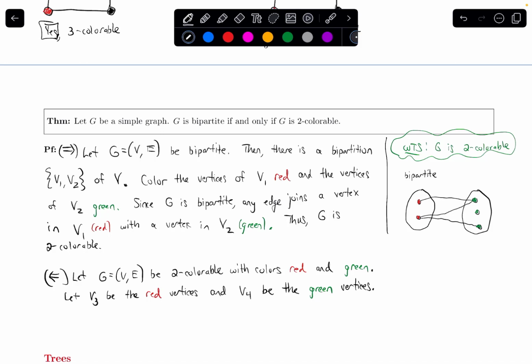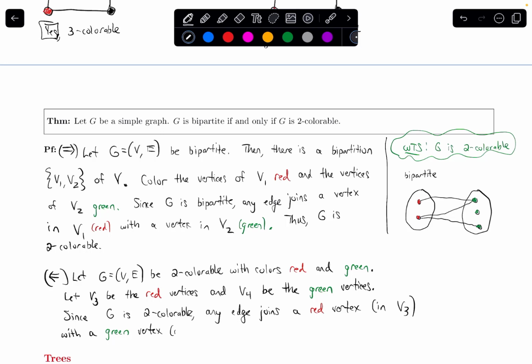So since my graph is two colorable, I'm assuming now it's two colorable, that means any edge joins a red vertex, which happens to be in V3, that's the first group, with a green vertex. Any edge will connect a red vertex with a green vertex, because that's what it means to be two colorable.